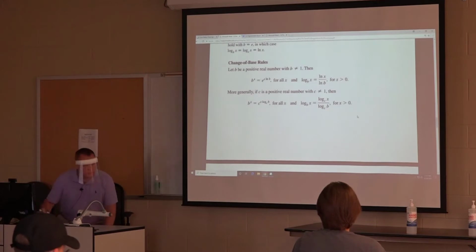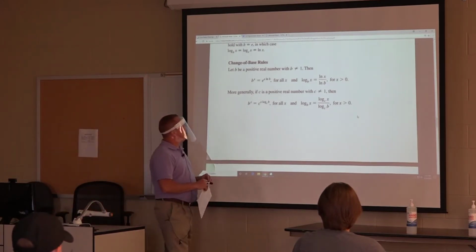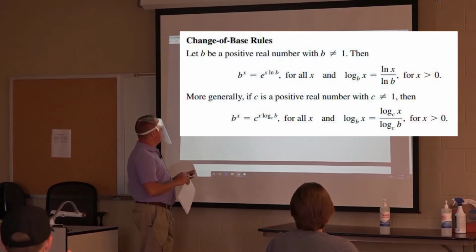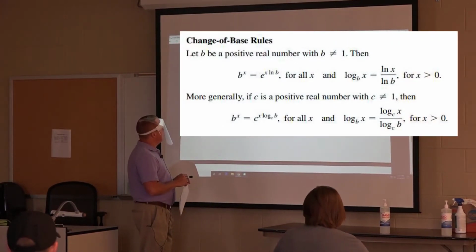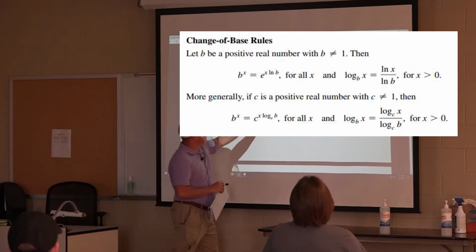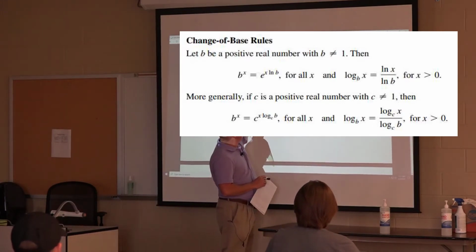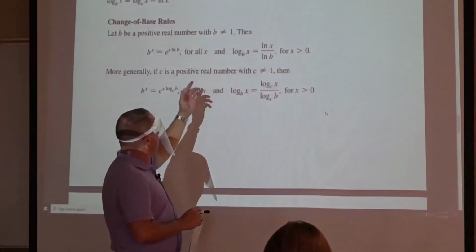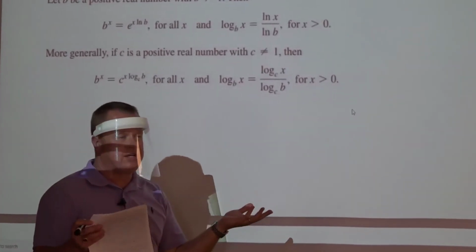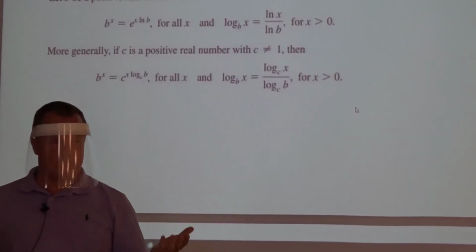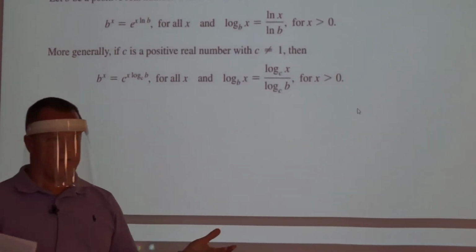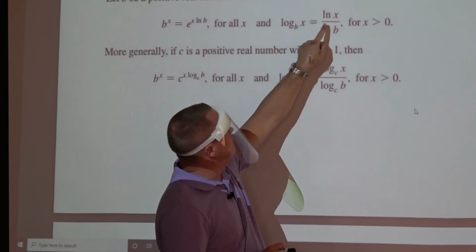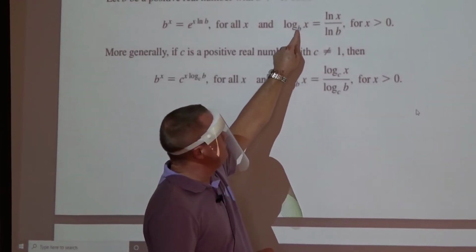Last thing, then let's look at some problems here. Change of base. All right, so let b be a positive real number with b not equal to 1. This is usually the one we really look at, okay? So if you've got log base b of x and I want to change that, say I've got log base 2 of 4 and I want to know what that is an estimate of, then you can take the ln of the number divided by the ln of the base.